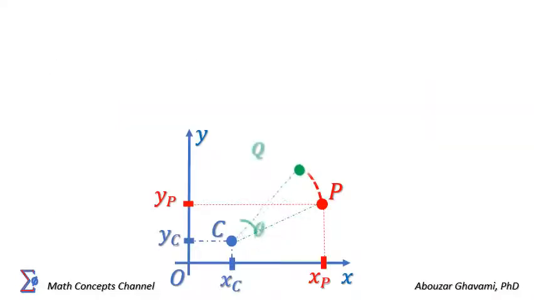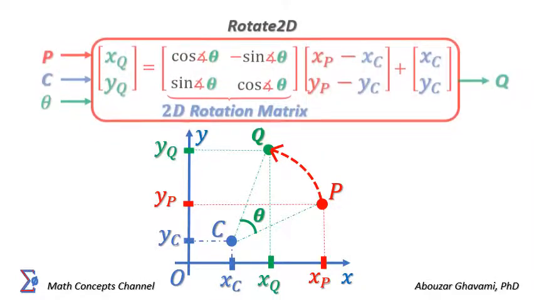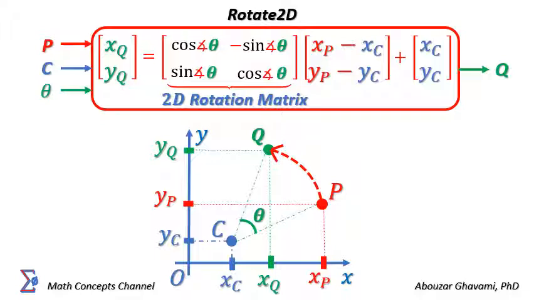Let's write the Python function that rotates a point around another point in two-dimensional space in detail.